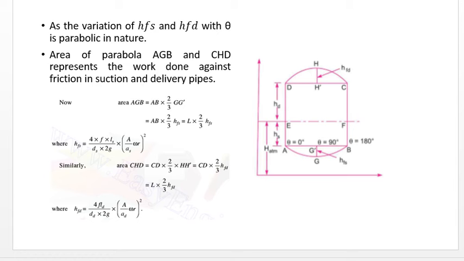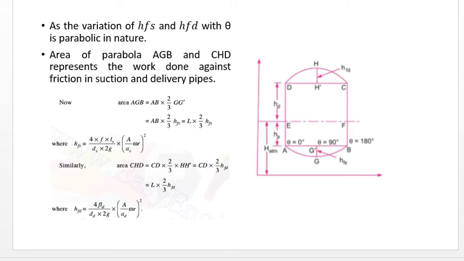Similarly, the delivery stroke is shown in the ideal indicator diagram. This is CD. At the beginning of the stroke, when θ is equal to 0 degrees, there is no value of HFD. HFD is 0. At the middle of the stroke, when θ is equal to 90 degrees, there is a particular value of this frictional head, that is HH'. This is the maximum value of the frictional head.